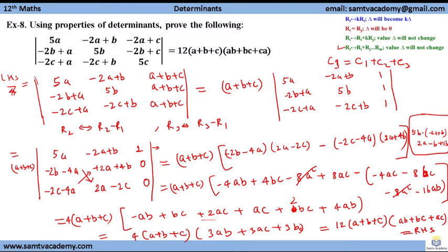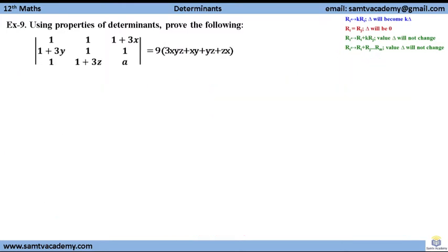Now comes the next question. So next question is this 9, using the determinant.